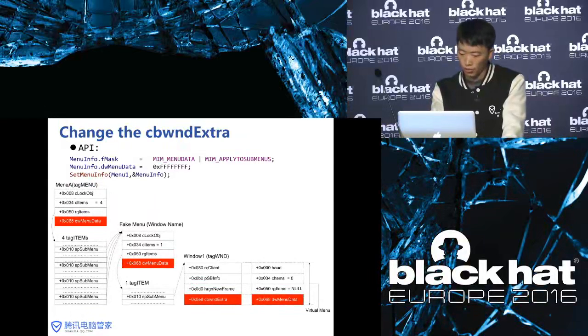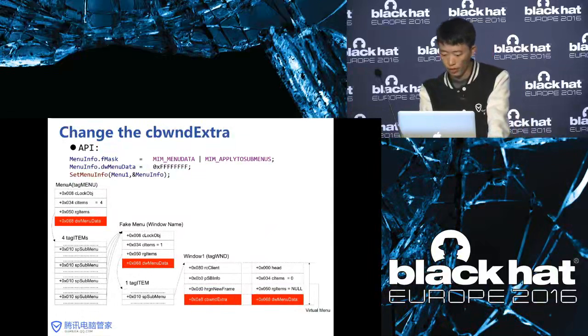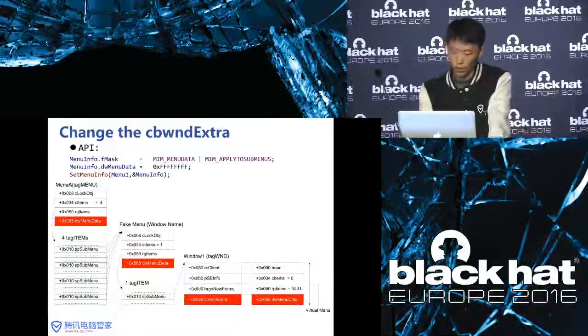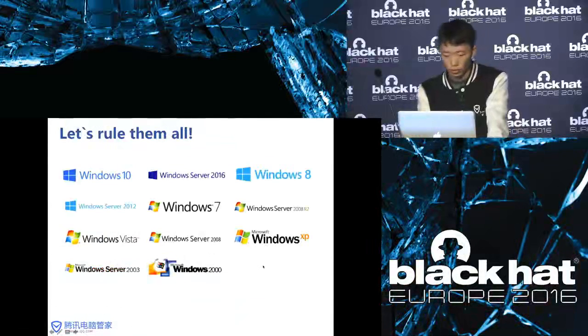That means we will finally set the cbWndExtra of window 1. We could escalate the privilege to system as we said before. To be noticed that the cItems of the virtual menu is 0, so the operation of setting submenu's data will be stopped in the virtual menu.